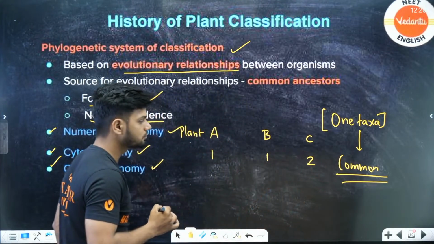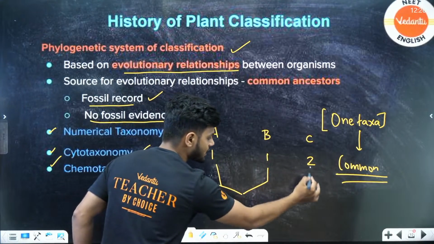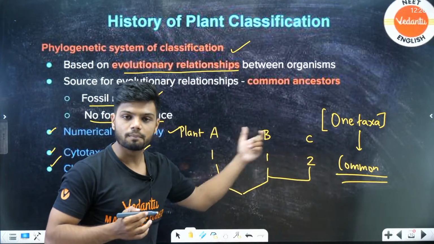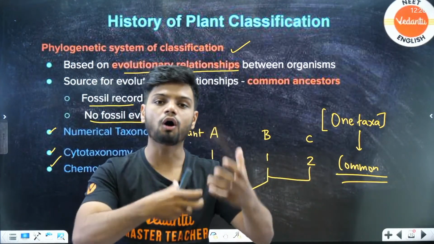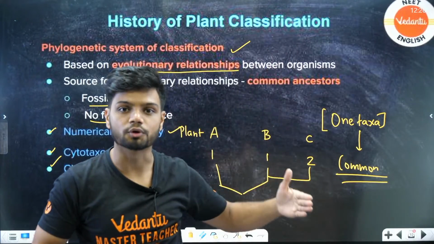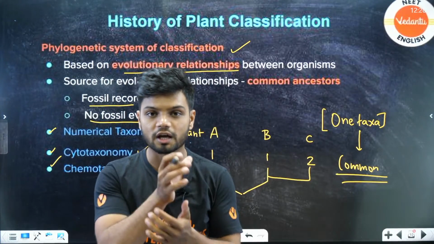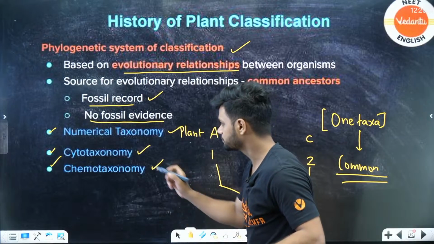So you number it 2. Now you try to arrange them and work out a relationship. Based on the number of characteristics, you assign numbers and run them through a computer, and eventually you get a graph or a flow chart which will help you find the phylogenetic relationship.